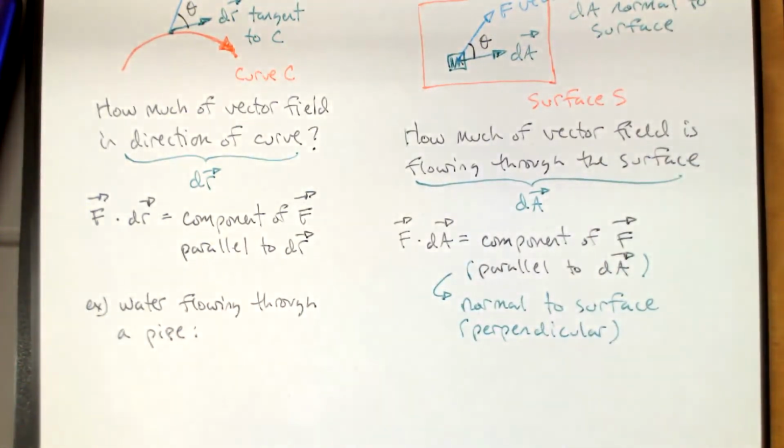One of our favorite examples is to imagine water flowing through a pipe. We imagine the vector field as water swirling around, or as wind swirling around, and we put a surface into the water or into the air and see how much water or air flows through that surface.